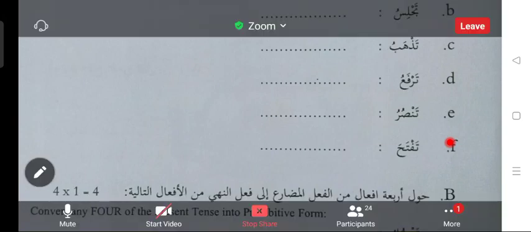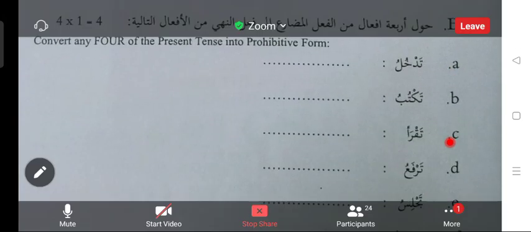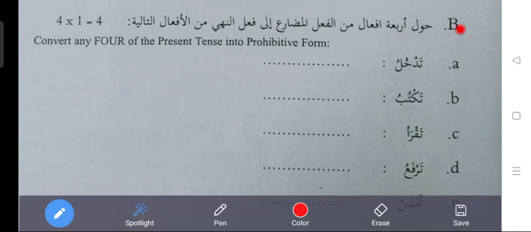Now come to 14b. In 14b, he is asking us to hawil arba'ati af'alin min al-fi'l mudari ila fi'lin nahi min al-af'alil taliya, convert any 4 of the present tenses into prohibitive form.